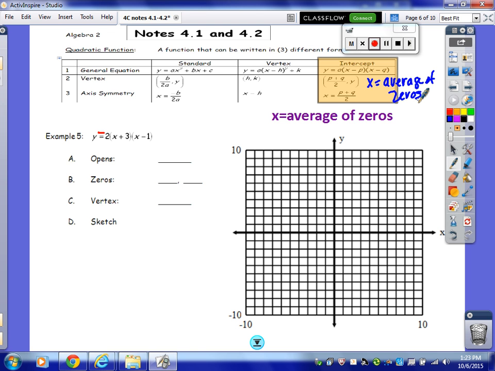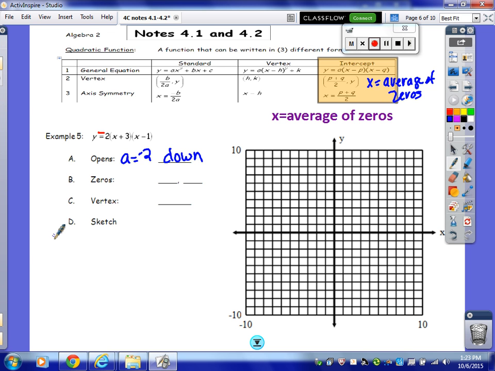All right, now because I haven't had a negative one, let's change this problem to negative 2 times x plus 3 times x minus 1. So change that 2 to a negative, because we haven't had a negative example. All right, so now since we changed it, my a is negative 2, so this is going to open down. We need to find the zeros of this function.